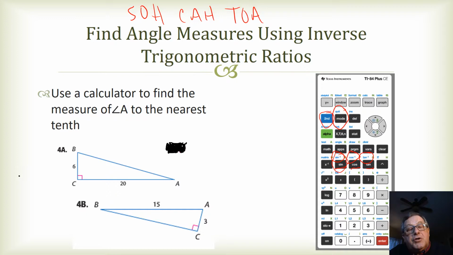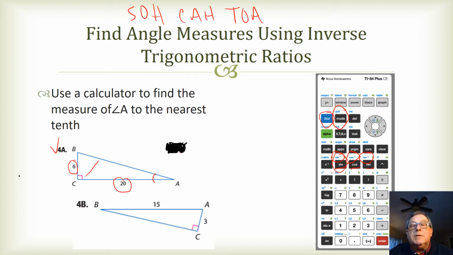Now here in this first triangle, I want to find my hypotenuse. My hypotenuse is across from the right angle, so that's there. And we're asked to find the measure of A, so A is going to be our theta. Find the measure of A to the nearest tenth. In relation to angle A, I know the opposite side, 6, and I know the adjacent side, 20.